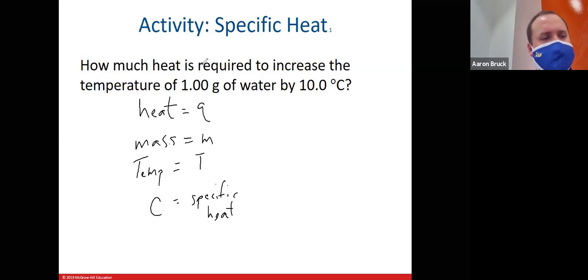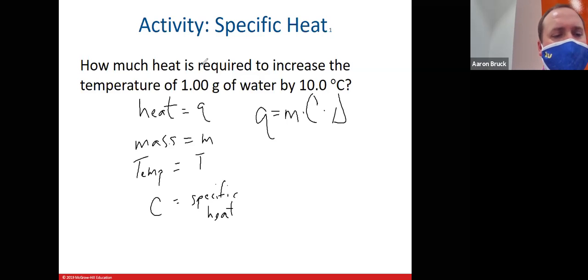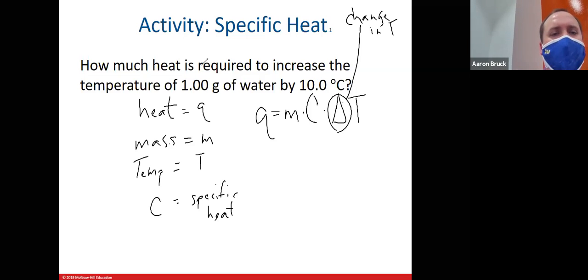The equation is this. Q, the heat transferred by the reaction, is equal to the mass of whatever it is that is being changed in temperature, multiplied by the substance's specific heat, C, multiplied by delta T. Now, the delta here indicates a change in temperature. So how much is the water going to increase or decrease in its temperature?